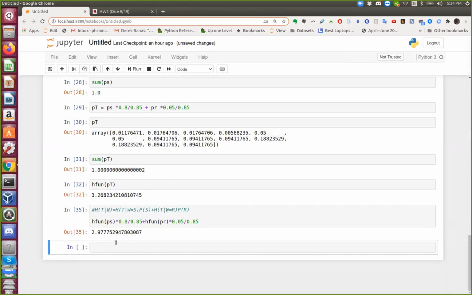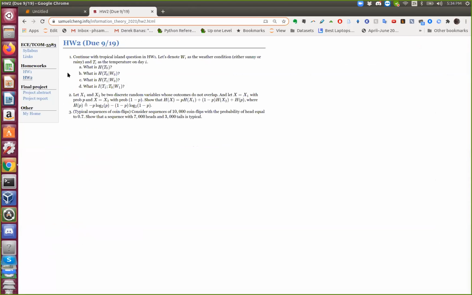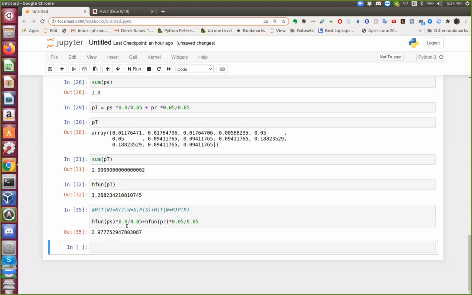So for the third question, we look at T1 given W0, right? This one we need to be very careful to deal with. I think many of you try to do something like HT1 W0, and some of you do something like the sum over W1 of HT1 given W1 W0, or maybe you add a probability of W1 here.